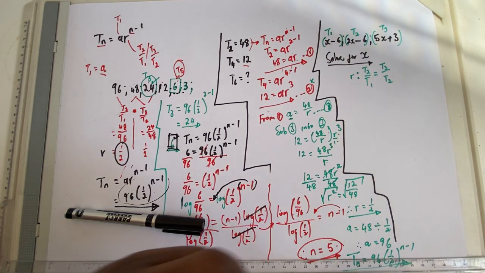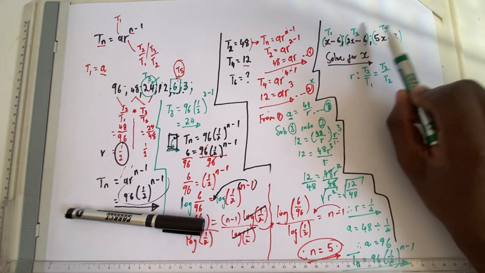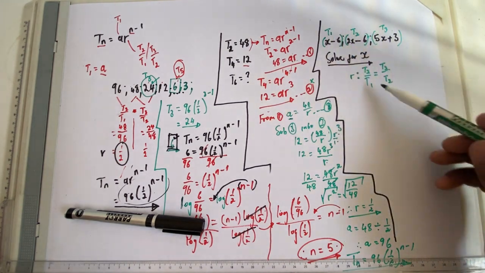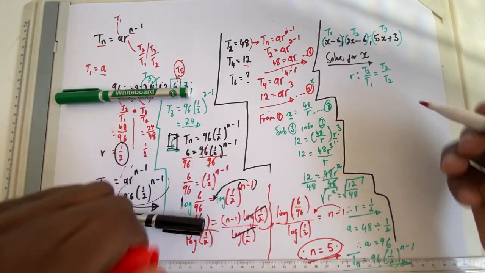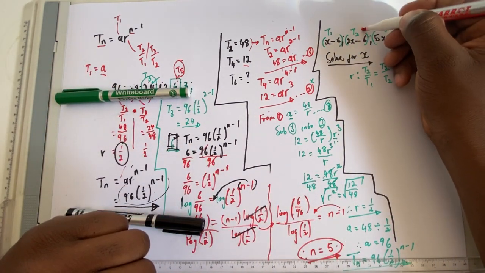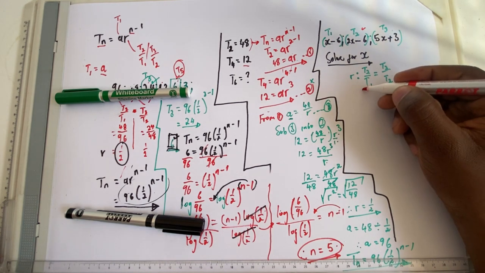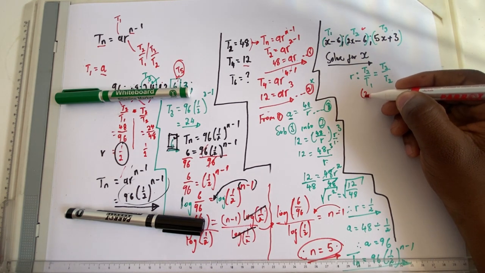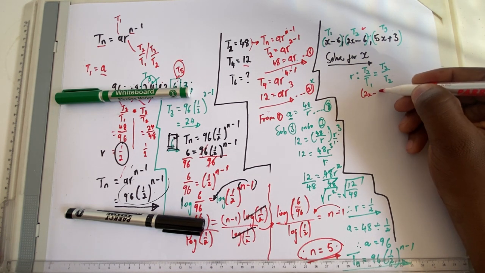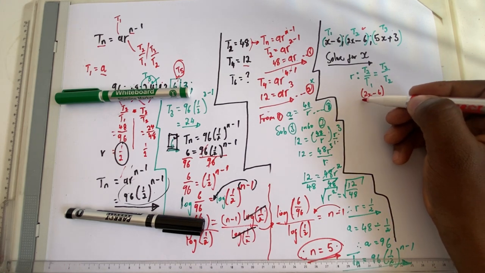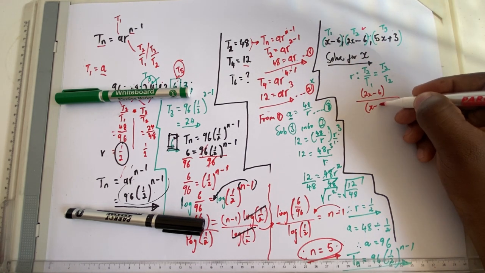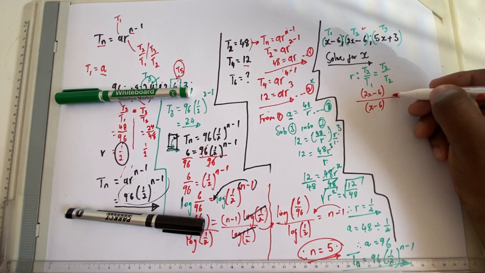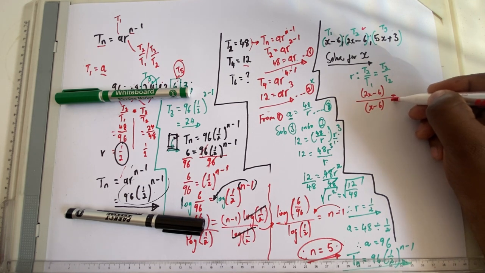So now, term number 2 is this bracket. So I'm going to be saying, 2x minus 6 close, divided by term number 1, which is x minus 6 close.